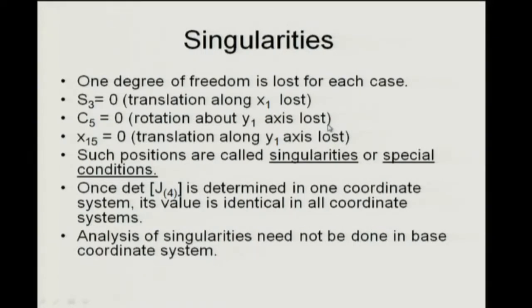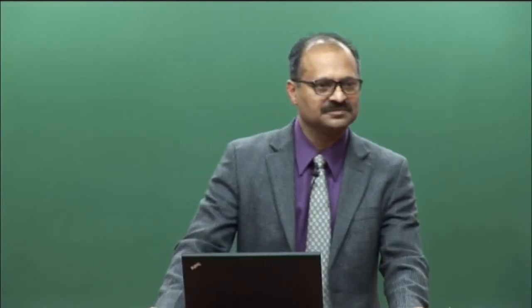The other question which you should have asked me is: I understand this, but am I getting this because I am evaluating the Jacobian in the fourth coordinate system? Because when we did the planar one, we just evaluated in the base coordinate system. And finally, when I want to invert the Jacobian, I want to invert a Jacobian about the base coordinate system. So does it matter if I find the Jacobian in the fourth coordinate system?